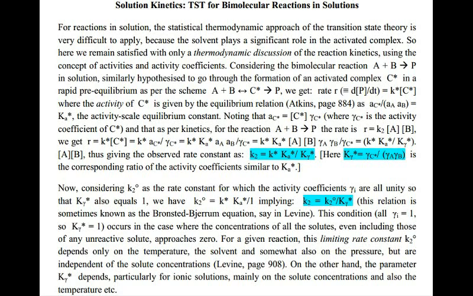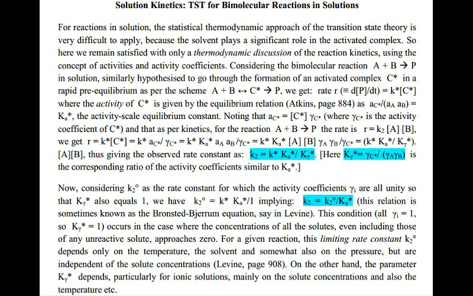Here also we consider the bimolecular reaction between two species. These species may be molecules or ions. In the case of solutions, the same kind of bimolecular reaction, A plus B giving product P, is similarly hypothesized to go through an activated complex C star in a rapid pre-equilibrium.